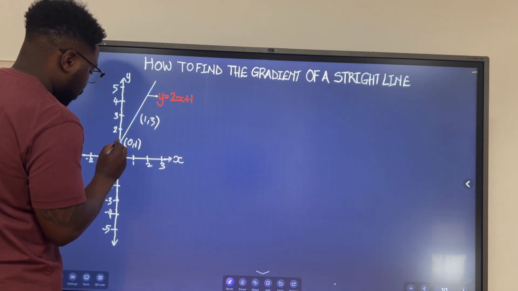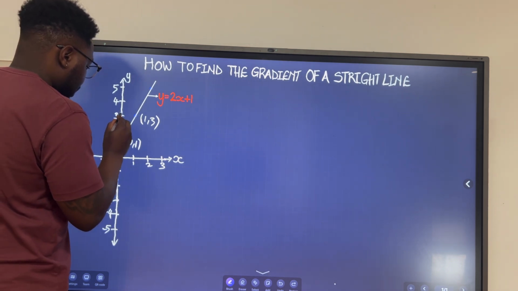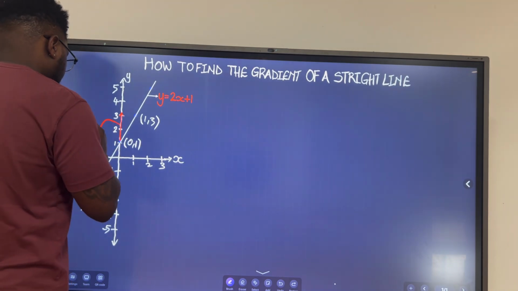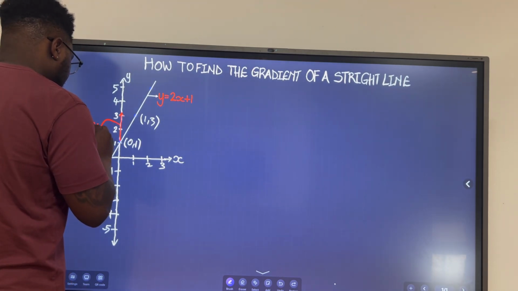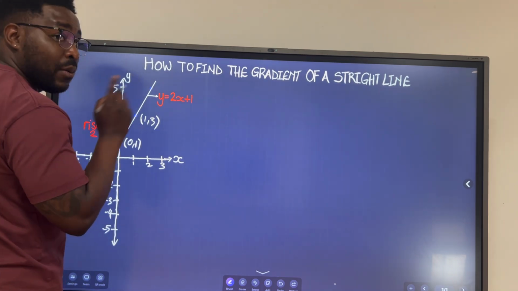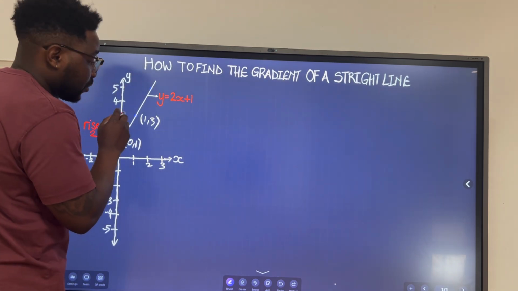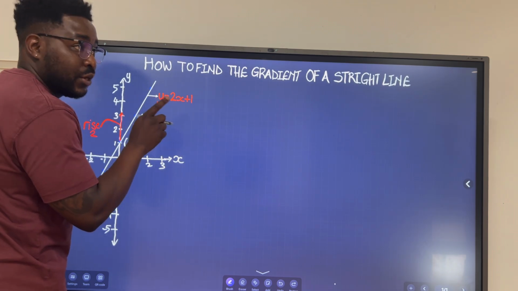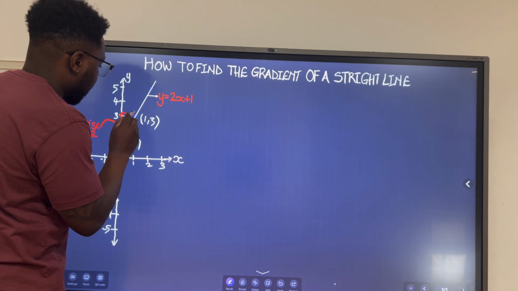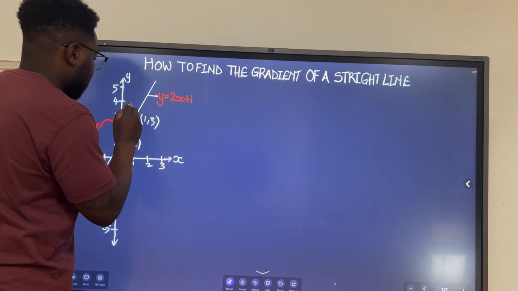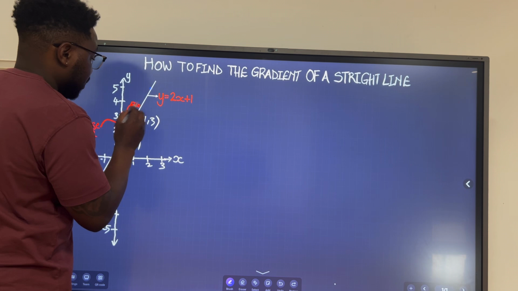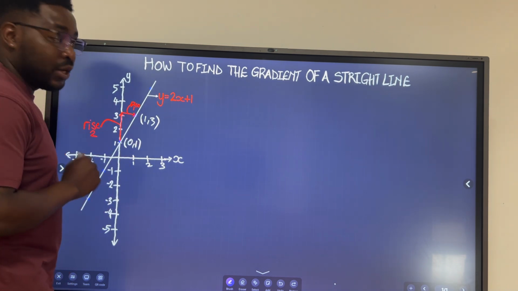From my point over here, I'll label it, rise, 2, compared to how much it runs or moves horizontally, which is the x-axis, 1. This one over here is our run. And how many times did it move? Once, right?